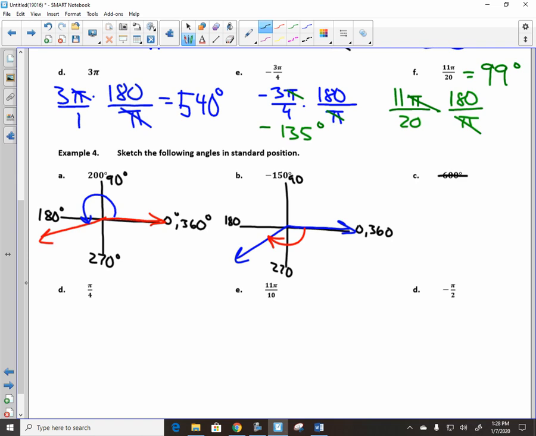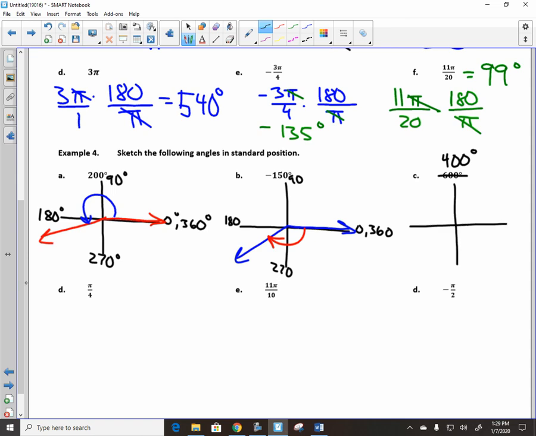Please switch this from 600 to 400, and yeah, let's just go 400 degrees, okay? I don't like the 600. That's going to confuse us a little bit more than we need right now. 400 degrees. Do you notice that that's more than 360? How much more than 360 is it? Just 40 degrees.